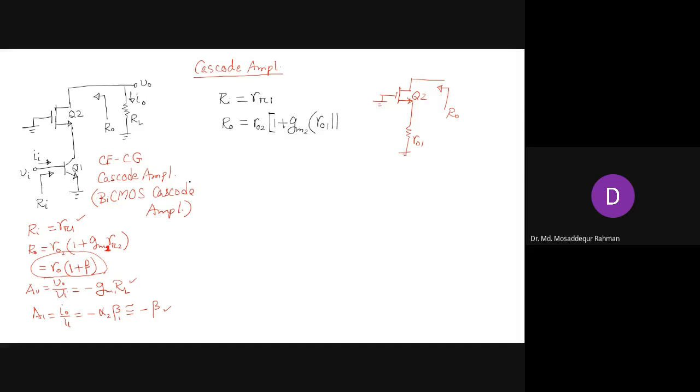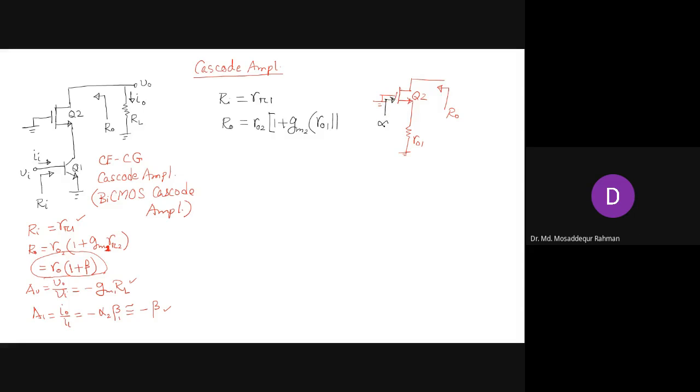What did you use? What is the resistance, R pi? Looking from which side? You're looking from the base side, so in this case, the resistance is looking from the base side, right?